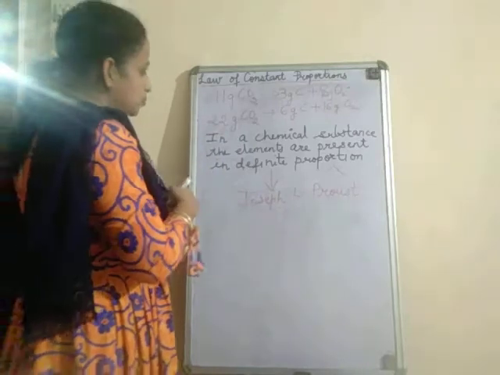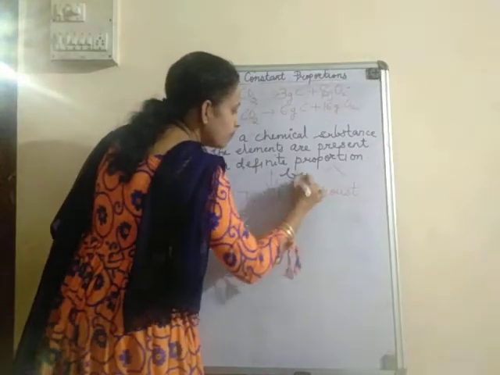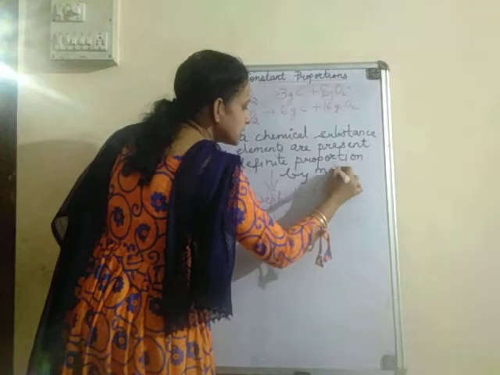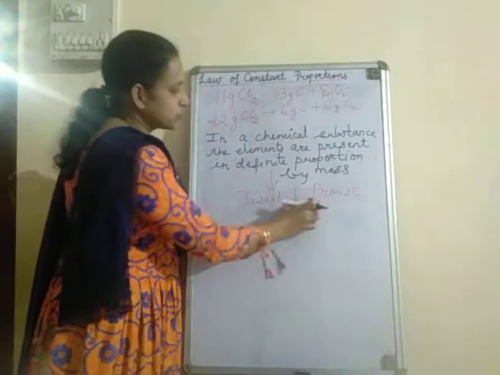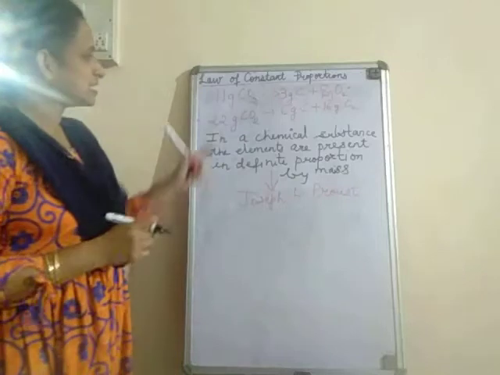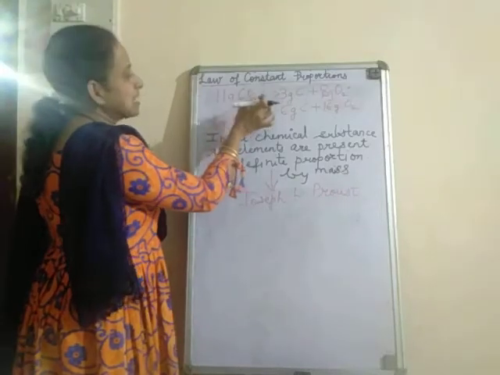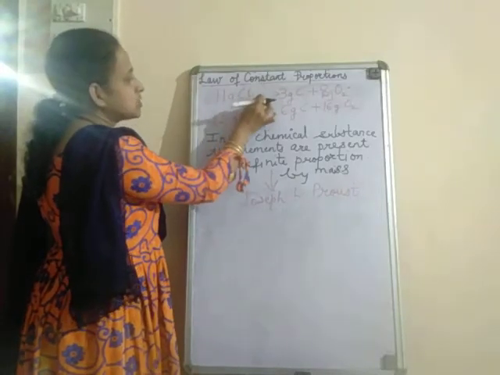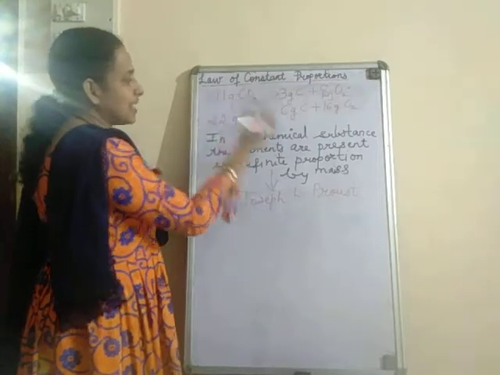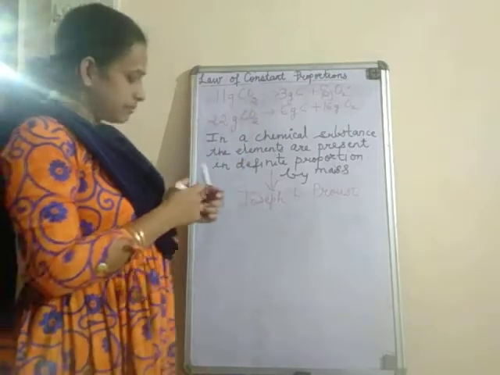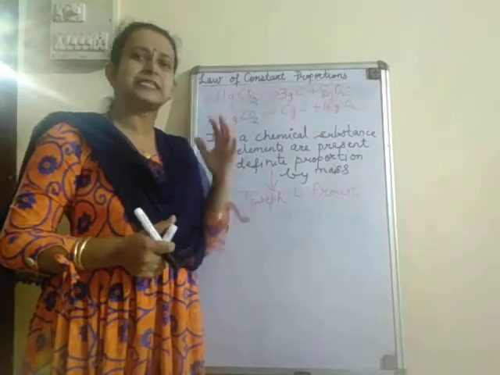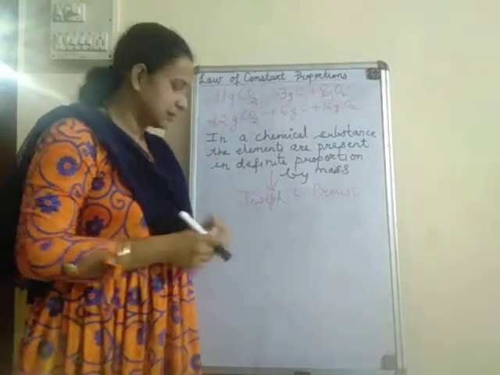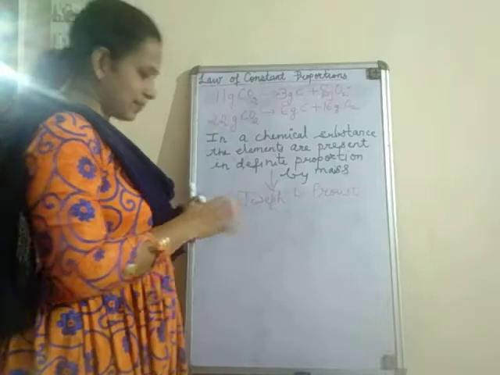So this was the law of constant proportion given by Joseph L. Proust. Whatever may be the chemical substance, they will always combine in the same proportion with each other. So this was regarding carbon dioxide.